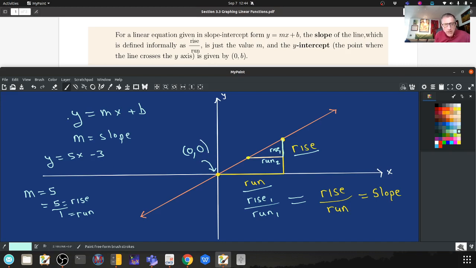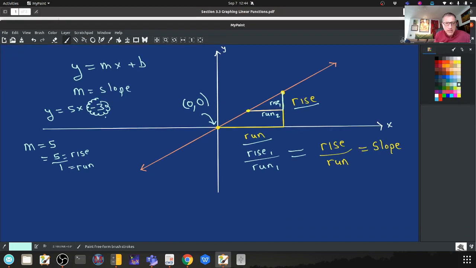So why do they call y is equal to mx plus b the slope-intercept form? Because the value of b gives you the y value. The value of b is really all you need to know to produce that point.